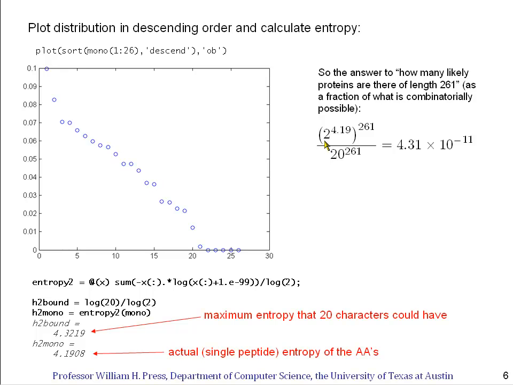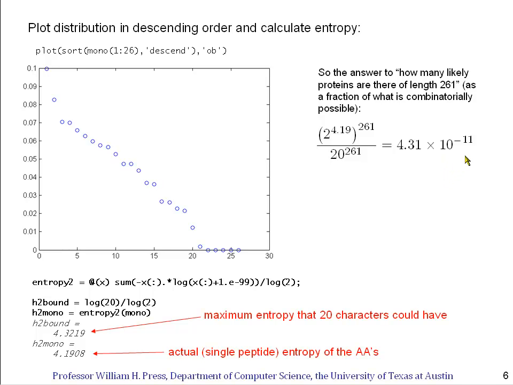So the number of states is therefore 2 to the entropy, and then we'll take that to the same power, length of the message, 261. By the way, 20 down here would be 2 to the 4.3219 if you just track it back. Well, this works out to be about 4 times 10 to the minus 11.